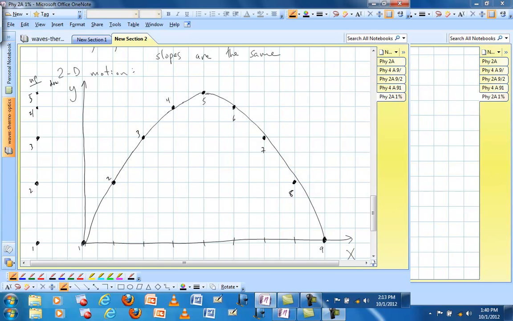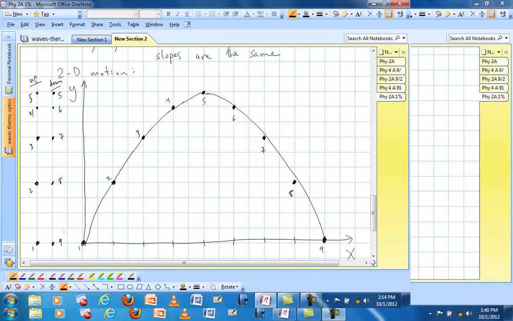And on the way down, 5, 6, 7, 8, 9. They're obviously on top of each other. I've just spread them out so it's easier to draw them. And what does that remind you of? That's a motion diagram for throwing an object straight up in the air.